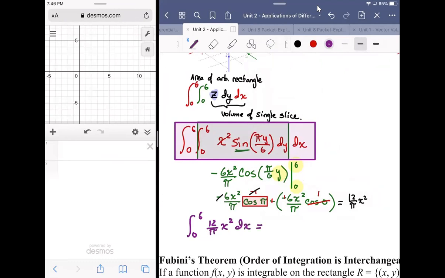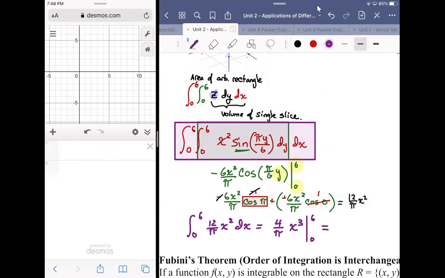So integrating with respect to x, increase the exponent by 1. I get x cubed. Divide by the new exponent, I get 4 over pi. Over the interval of 0 to 6.